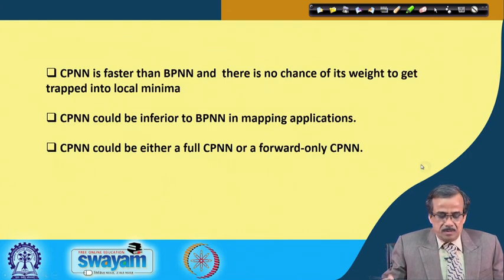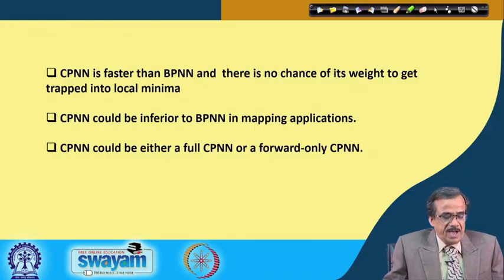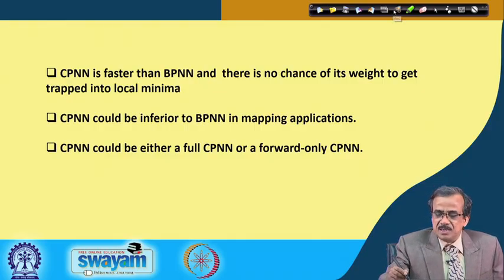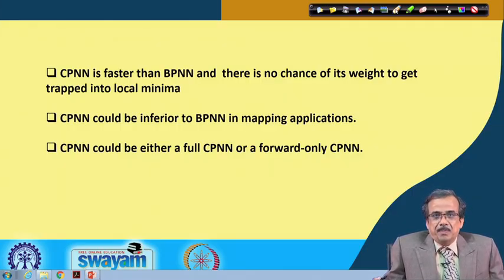Before that, let me tell you a few facts. This CPNN, the counter-propagation network, is found to be faster than the multi-layered feed forward network, and here we do not use the concept of the back propagation algorithm.